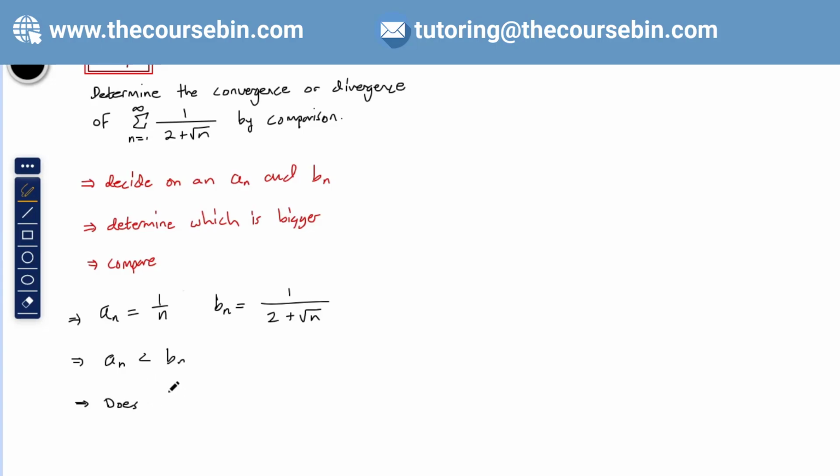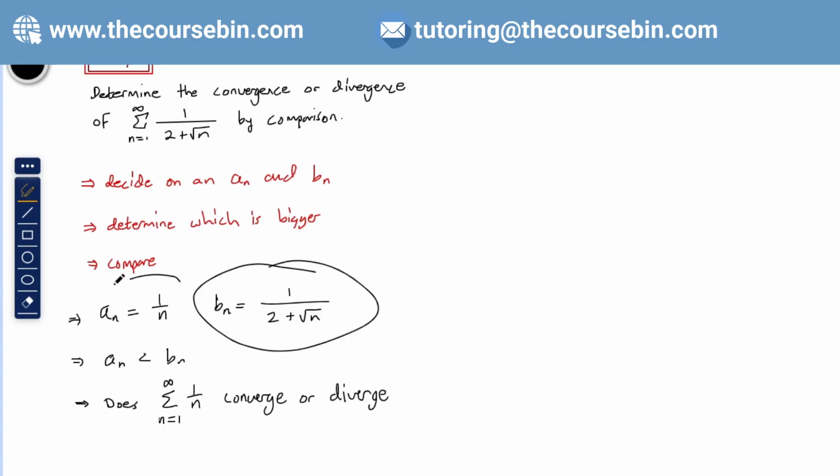Because we're comparing our original to this new one that we just created. Right, so now we want to know if this one converges or diverges. So are we gonna do that through the test? Maybe not like the geometric one, but like the other one.